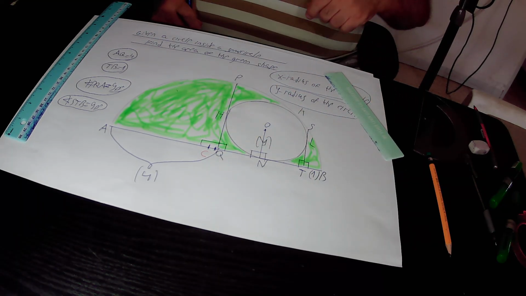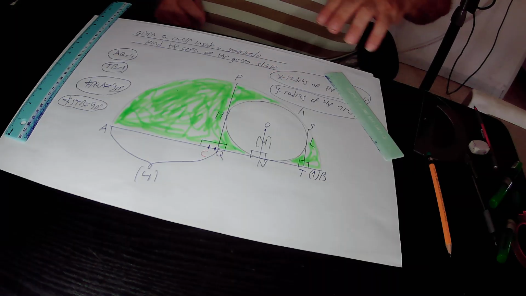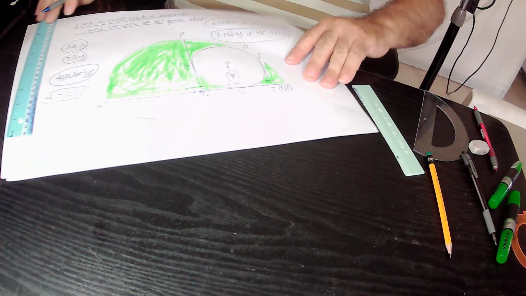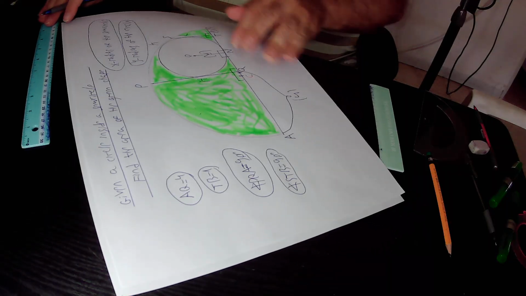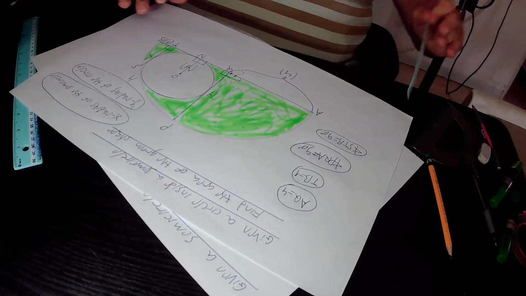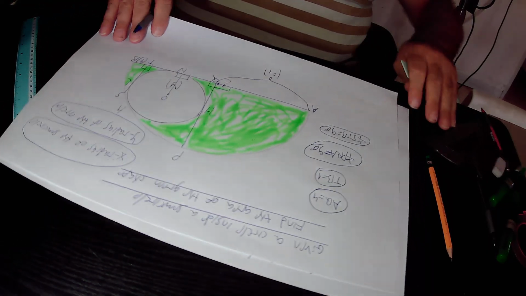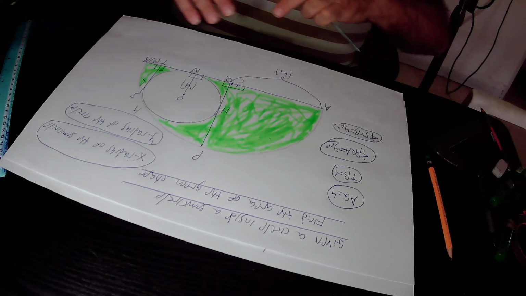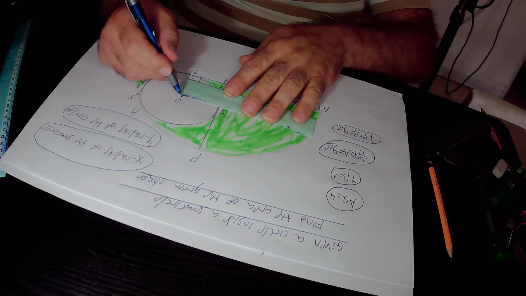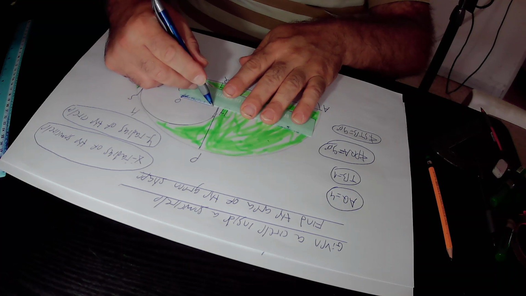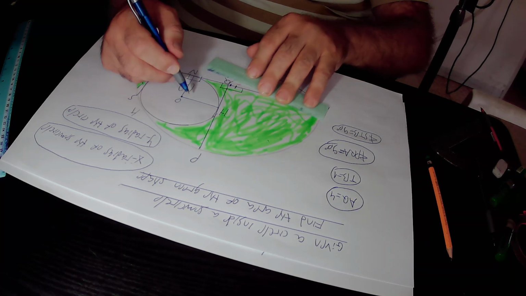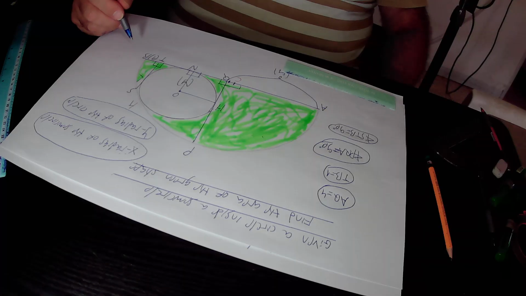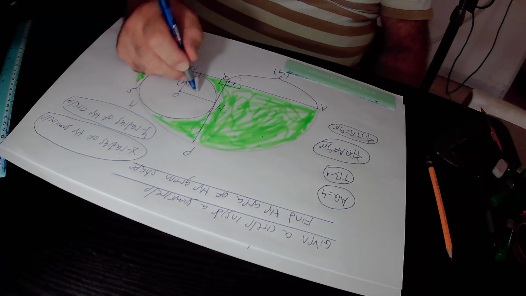In the next step, we join points O and H together by a straight line. OH is of course the radius of this small circle, that is equals to y.